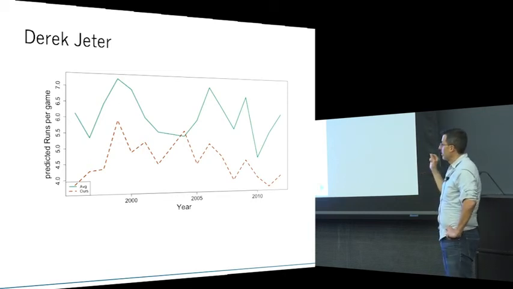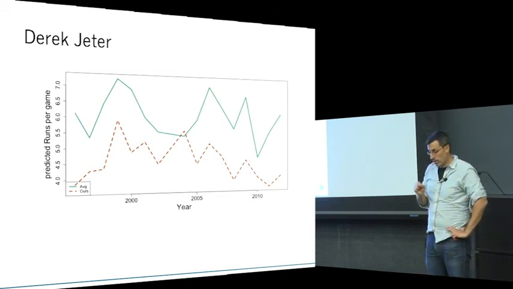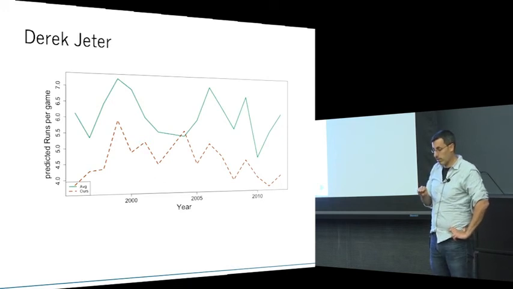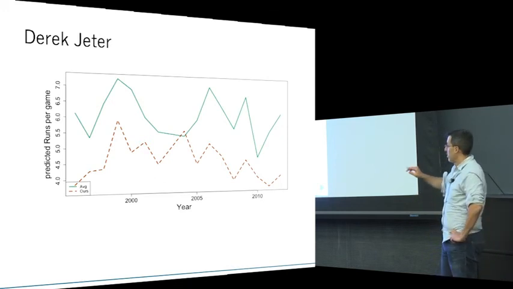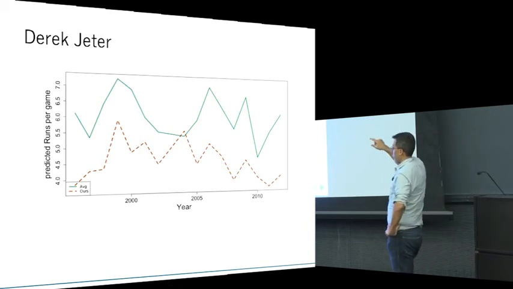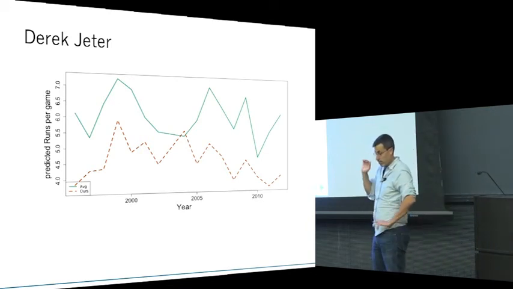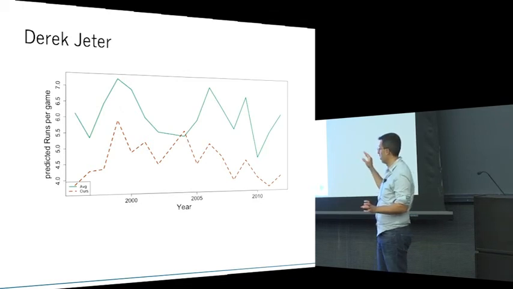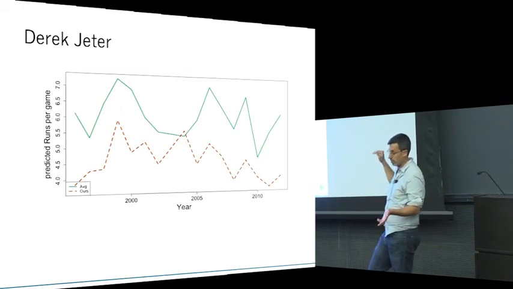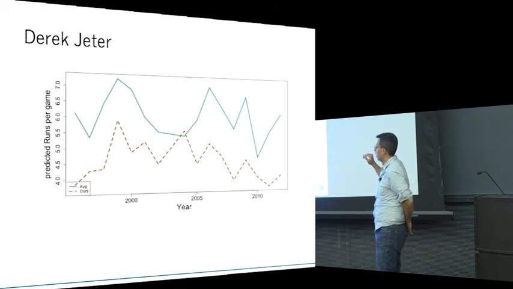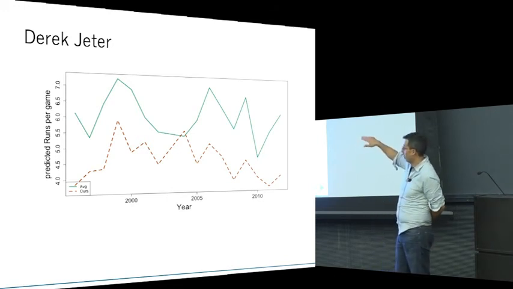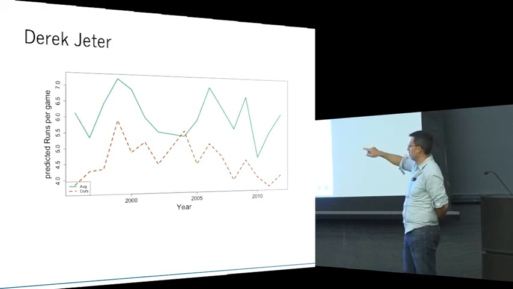Okay, so if I instead use our little model that had doubles, home runs, and bases on balls, that's what the orange line is. What that tells us is if you focus on those, then he's not a player that hit that many doubles. Well, he did, but not too many home runs. So it's not as high. It's still pretty good. 5 runs per game is good.